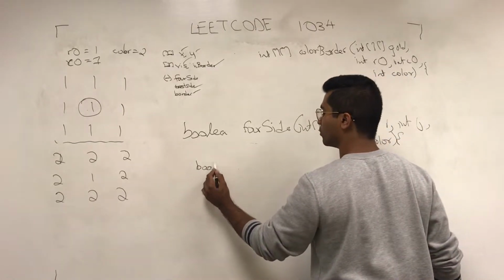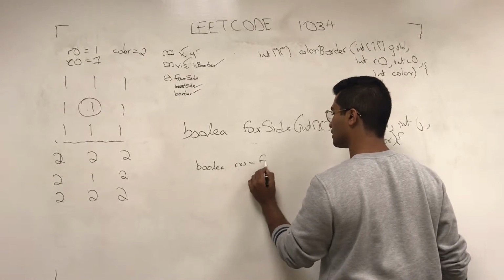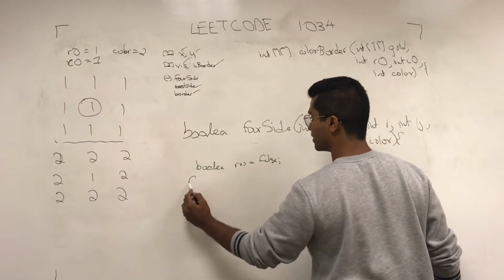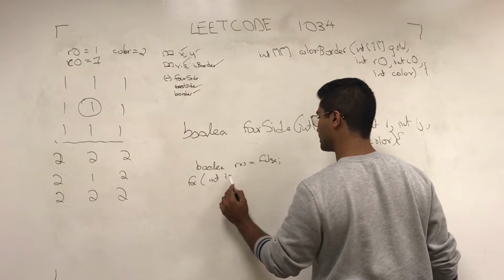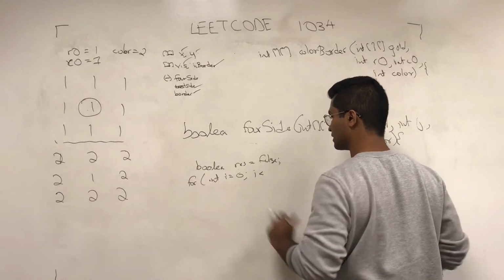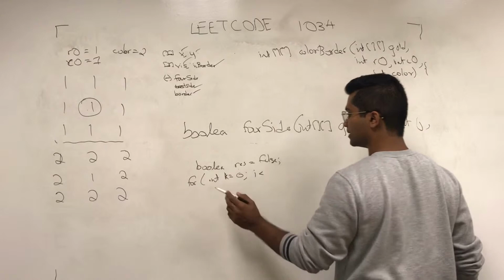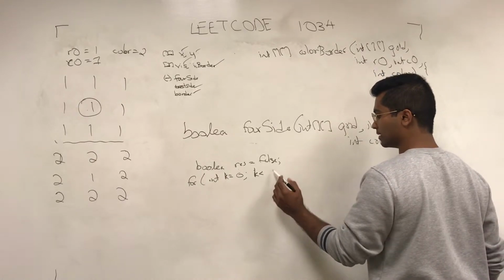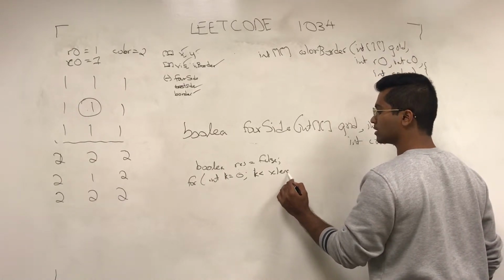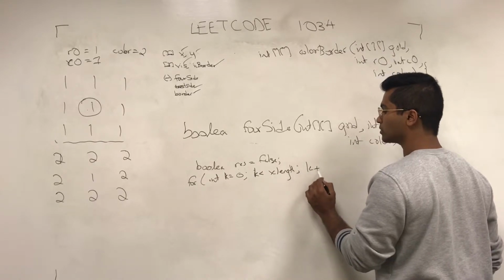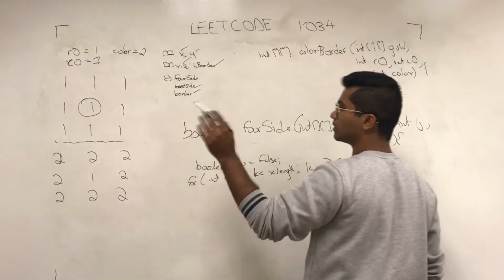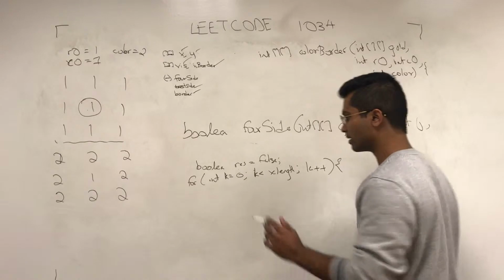I have a Boolean res, which is false, and then for int k is equal to 0, k is less than x.length. The x is a global variable. X and y are global variables because we're going to be using up, down, left, right in several methods of the code.